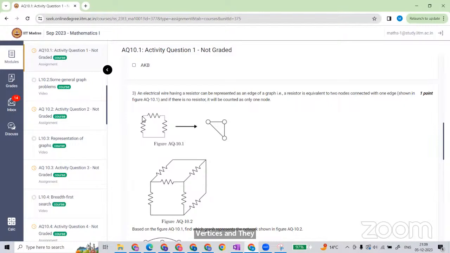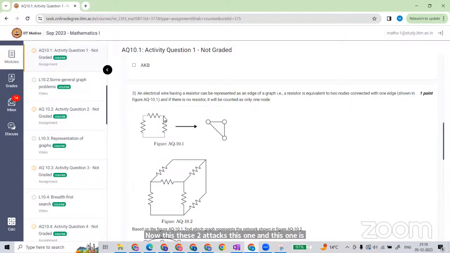Now this is one vertex, this is another vertex, and these two vertices are connected with this edge. Now this whole thing you can think of as a vertex. These two vertices, this one and this one, are connected with one edge.